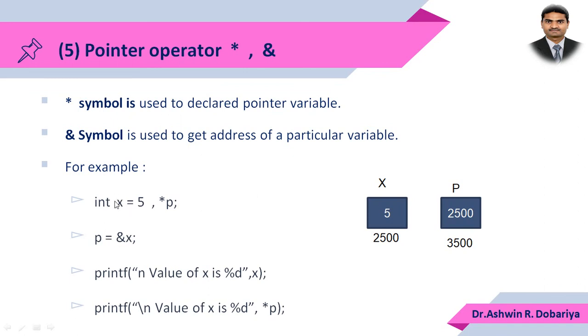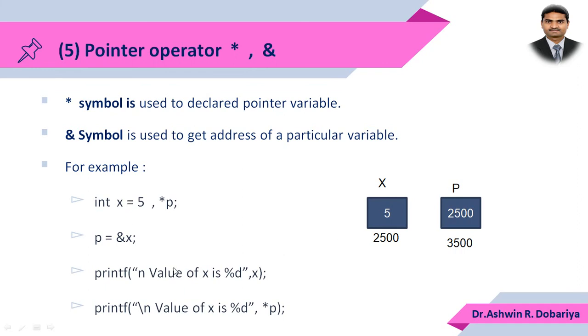If you want to access the address of x, we have to keep the ampersand before that variable. So ampersand x, and you assign it to p. Then p is another variable, but it's a pointer variable, and p has the value of the address of x. Then what is the address of x? 2500. This is just for your example. And the pointer variable itself has one memory address.